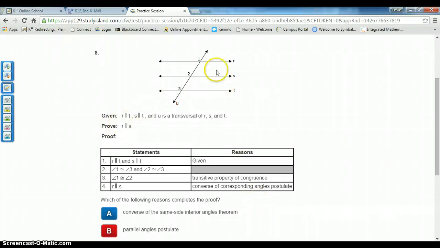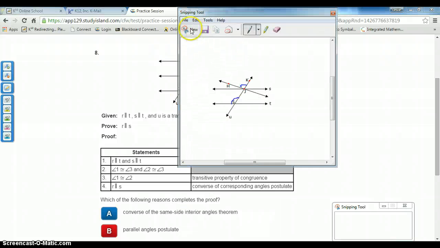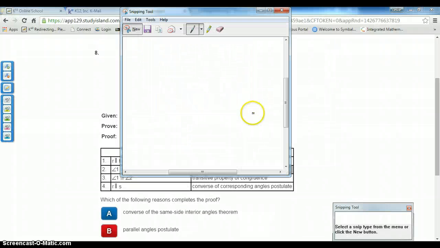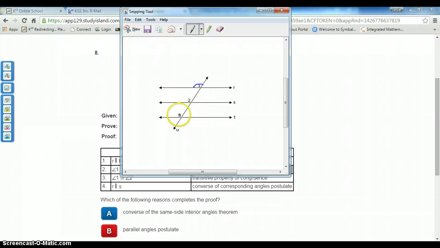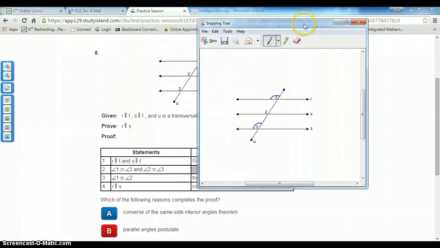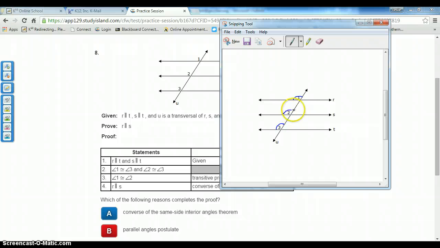Alright, we are given that all of these lines are parallel to each other, cut by one transversal, and those are our givens. Okay, angle 1 is congruent to angle 3. Hang on, I'm going to draw it. So angle 1 is congruent to angle 3, and angle 2 is congruent to angle 3.